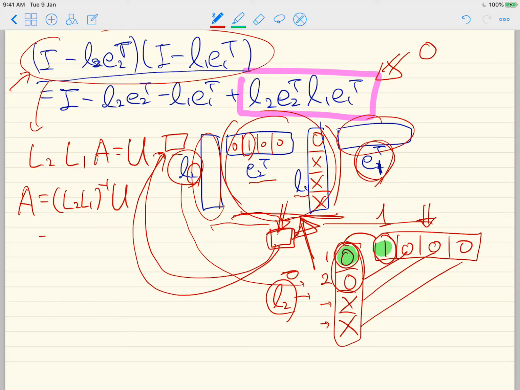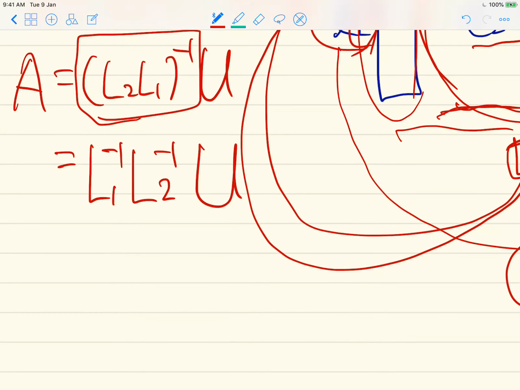And then in this case, the inverse of this product can be represented as this one, right? The product of inverses in reversed order. And so let me first consider the inverse of each of our matrices L.